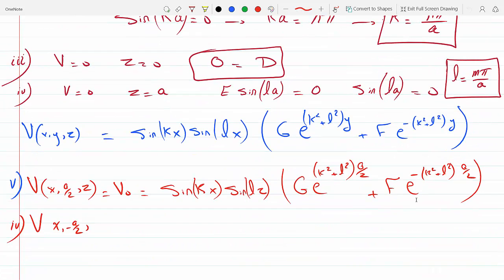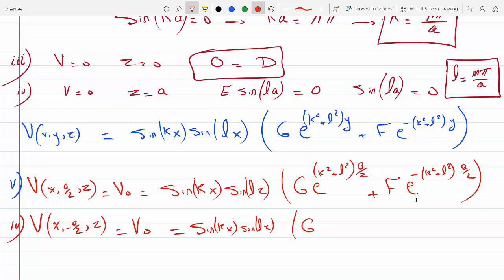No, because you see, when we plug this in, this is z. You're going to get also V0 equal sine kx sine lz, G e to the minus square root of k squared plus l squared times a over 2.